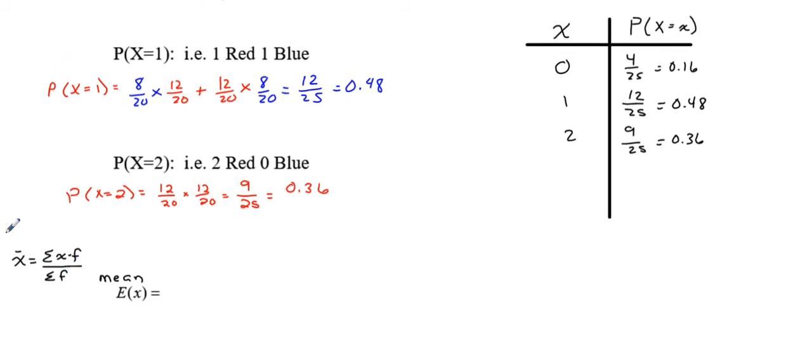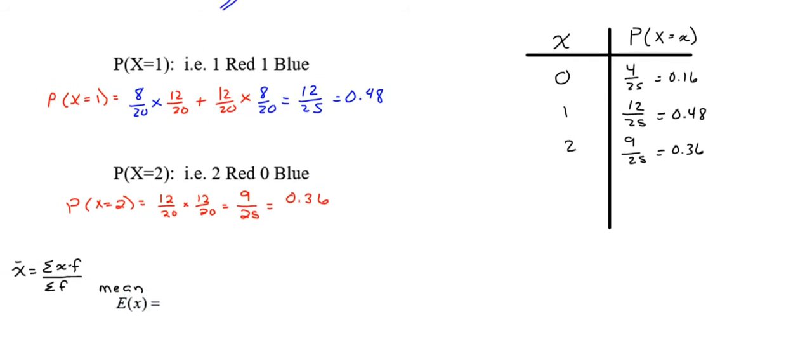So in probability, instead of using x bar as the mean, we use E(X), and this is just a symbol that means expected value, which is the same as the mean. And in this case, this is the x that goes in here in the formula, and the probability is the frequency. It's just that it's a relative frequency instead of an absolute frequency.